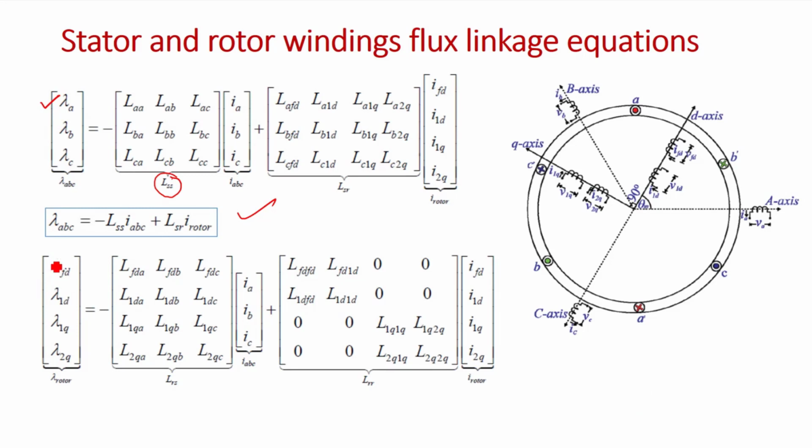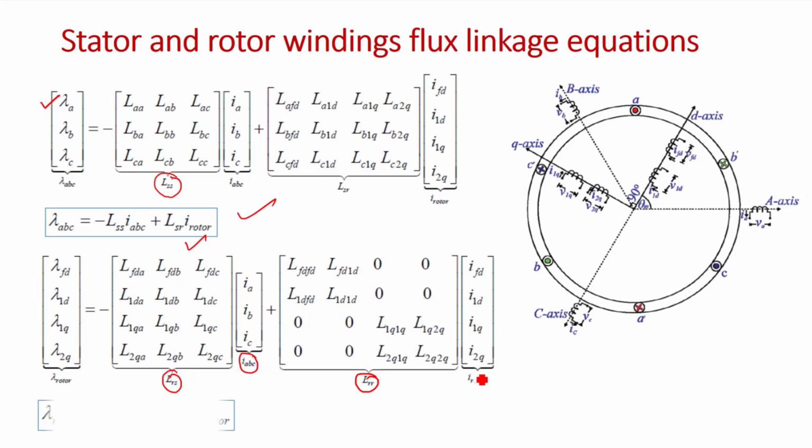Lambda FD, lambda 1D, lambda 1Q, lambda 2Q will be equal to the LRS matrix into IABC, the vector of the three-phase currents, plus LRR, the rotor inductance matrix, into I rotor.